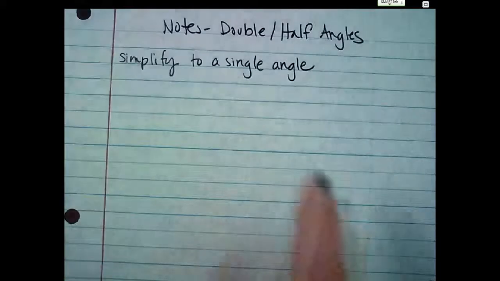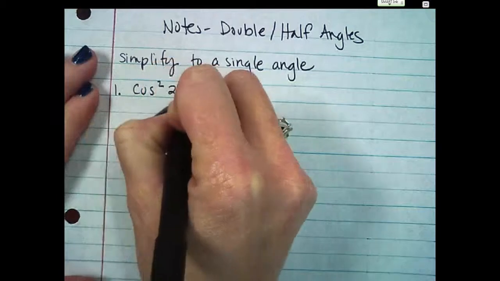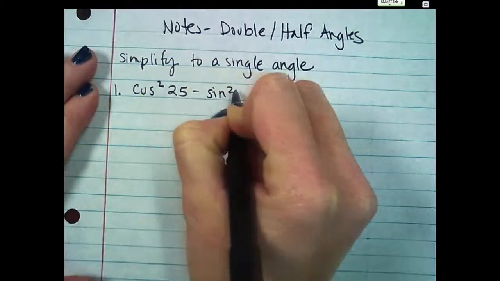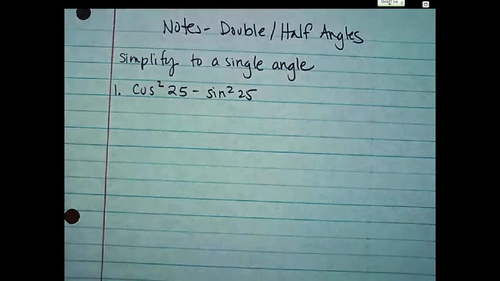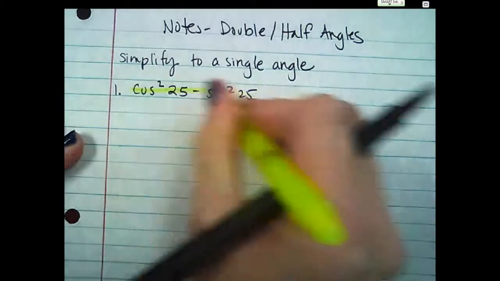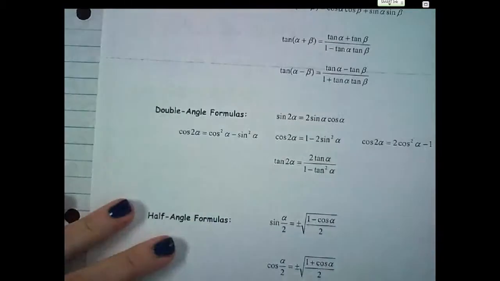So let's start off with our first problem, and it says cosine squared 25 minus sine squared 25. Now if you're looking at your formula sheet, what matches cosine squared of an angle minus sine squared of an angle? It's right here.